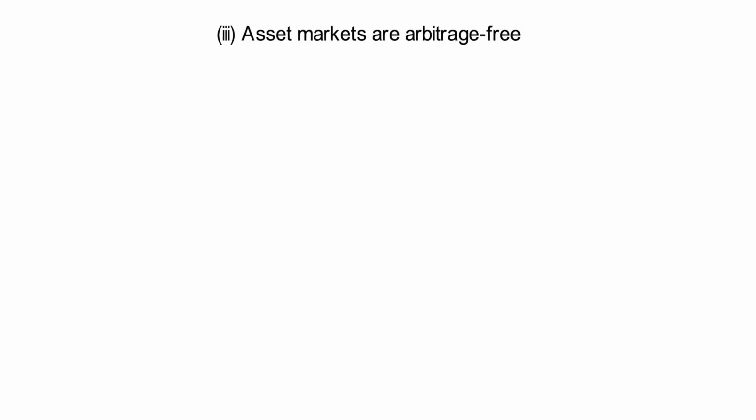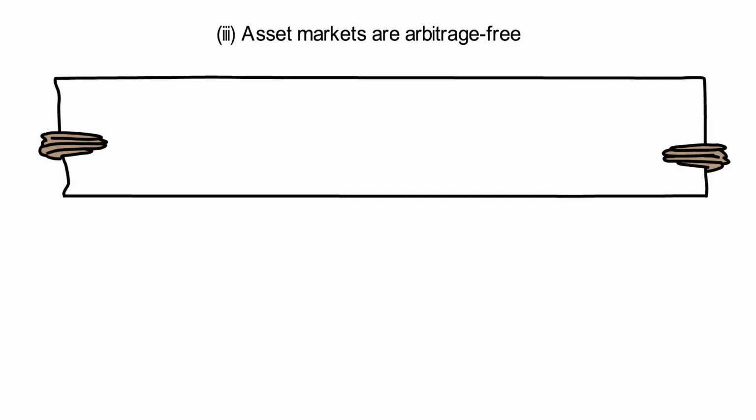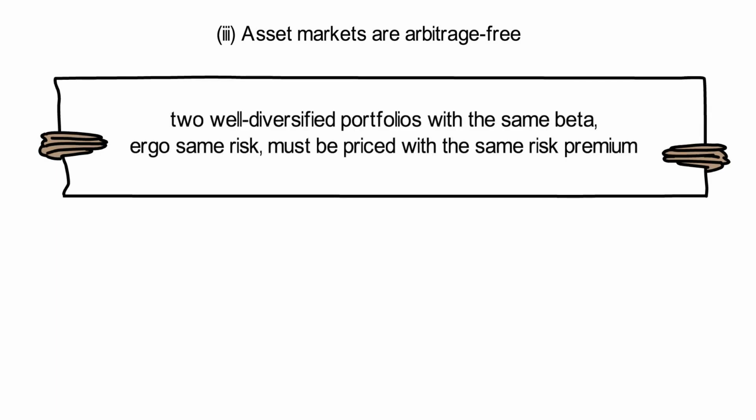Assumption 3 of the APT ensures that market prices of all n assets are free of arbitrage. This says that two well-diversified portfolios with the same beta, and hence the same risk, must be priced with the same risk premium.